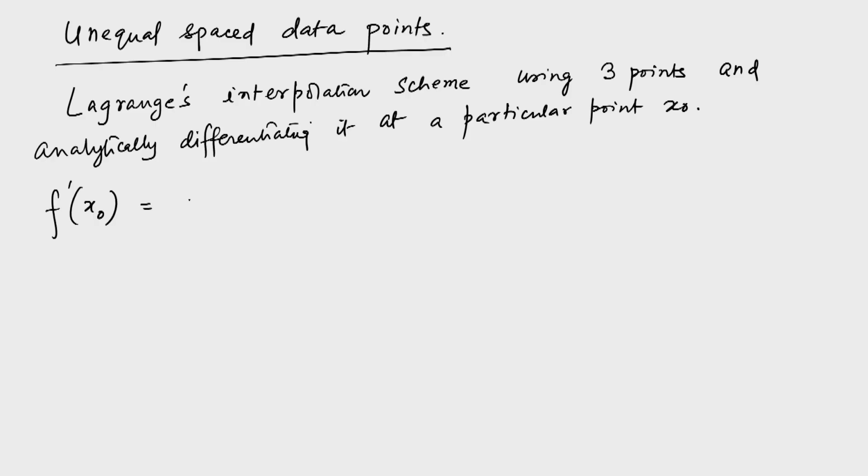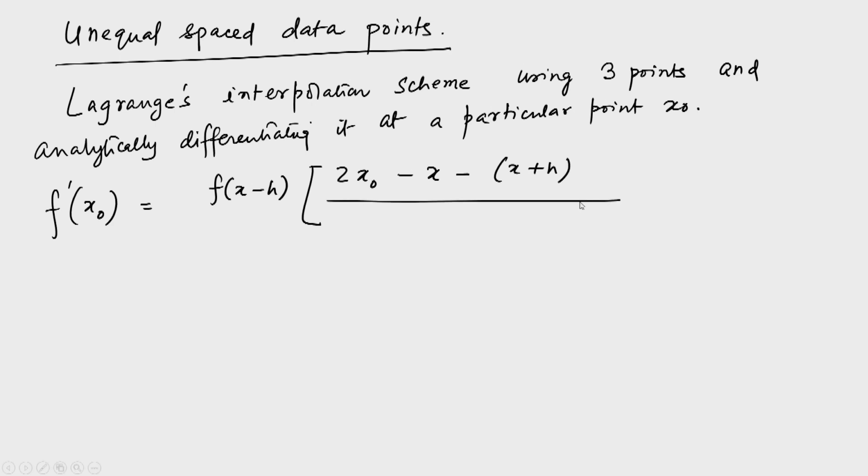So, we will use this x minus h, and then this is what we called as Li. It is 2 x 0 minus x plus h, and this is x minus h minus x. These are the data points.